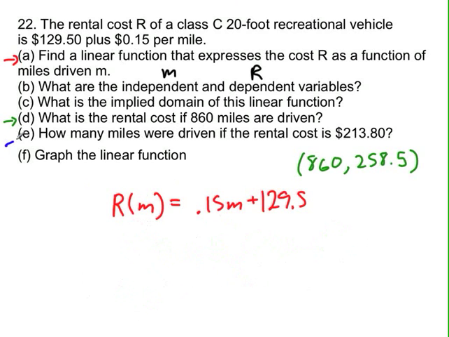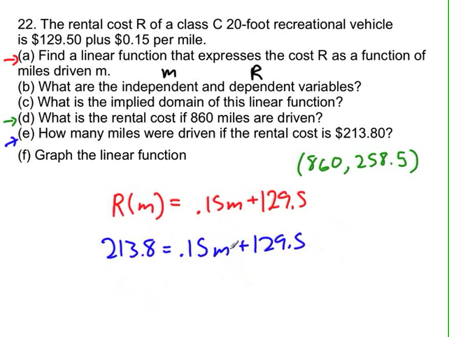All right, now we've got to do E. How many miles were driven if the rental cost was 213.8? This time we're going to take 213.8 and replace it with R of m, because the whole cost is going to be 213.8. And this is when it's 0.15 times m plus 129.5.